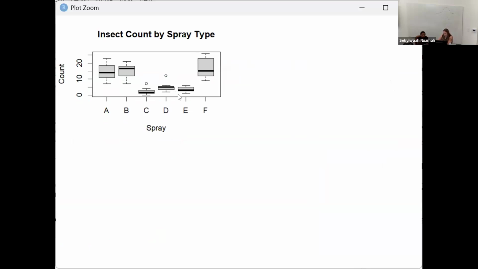It looks like spray types C, D, and E are very different from A, B, and F. C and D do have some outliers, but on average, it looks like their counts are much smaller. So let's go back to our test.